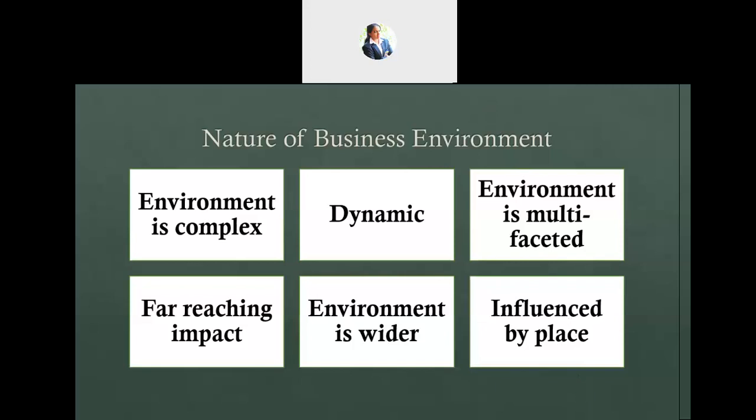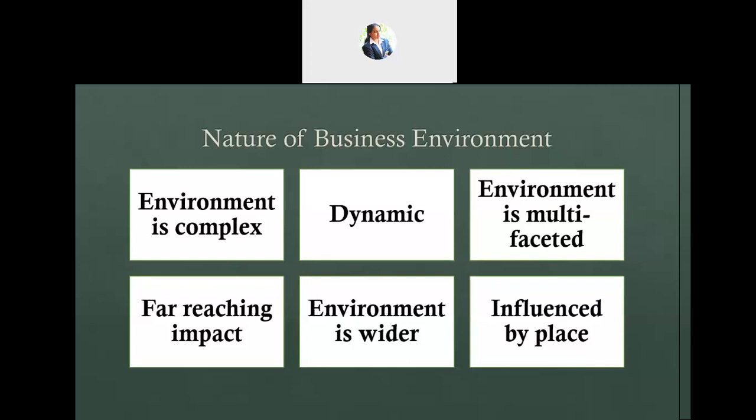Okay, let me. I guess some of you did not understand the first point, wherein we are trying to tell the environment is complex. Complex is nothing but anything where many different things contribute to one particular thing being made. It becomes complex. It is not the same. Each factor that we have is different from one another.